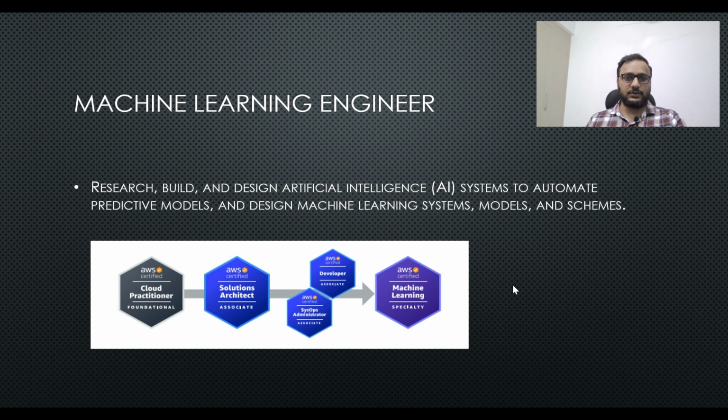Then SysOps administrator associate and developer associate to gain knowledge about the developer and SysOps side. Then we can move to the machine learning specialty exam. For this role, the machine learning specialty is a must after the other certifications.